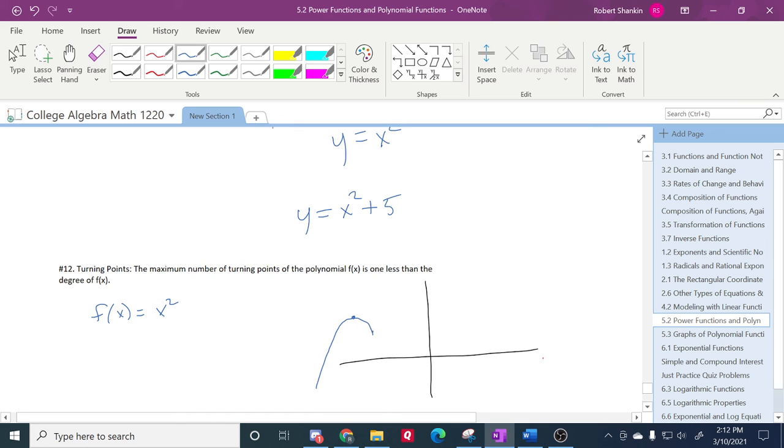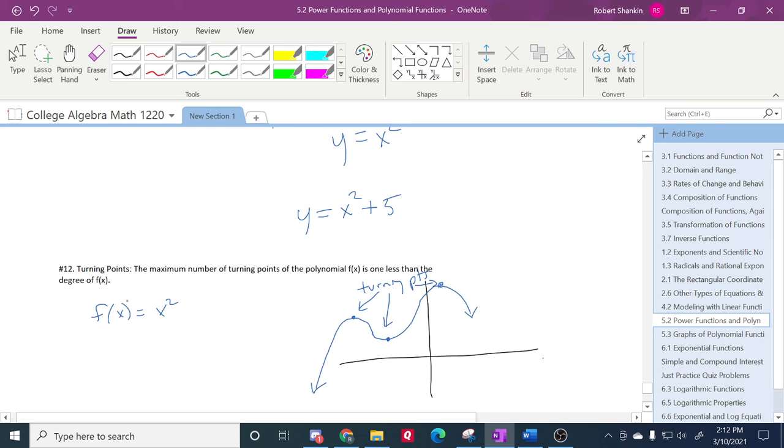It's going downhill, now it turns and goes uphill. And then it turns and goes back downhill. Those are all turning points. Changing from uphill to downhill or vice versa. From increasing to decreasing, vice versa.